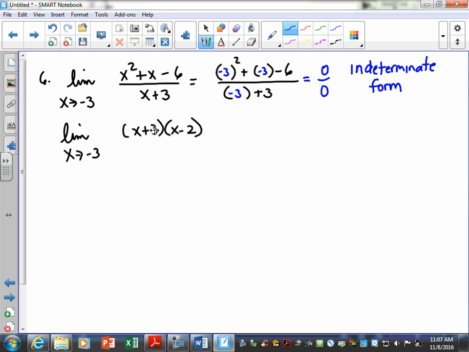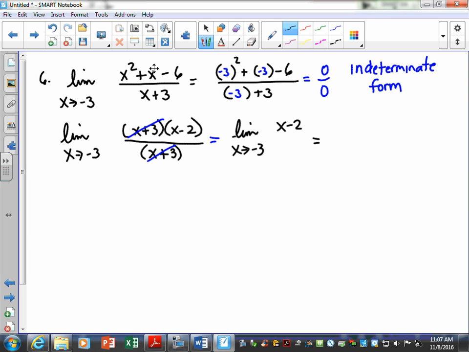Multiplies to give us -6, but when I add these, I get +1. That works. Over x plus 3. So what cancels here? X plus 3. So we can rewrite this as the limit as x approaches -3 of the remaining factor, and then we could try direct substitution again.